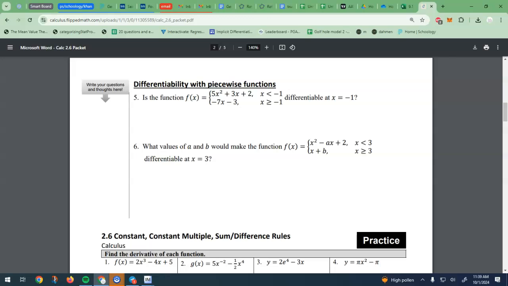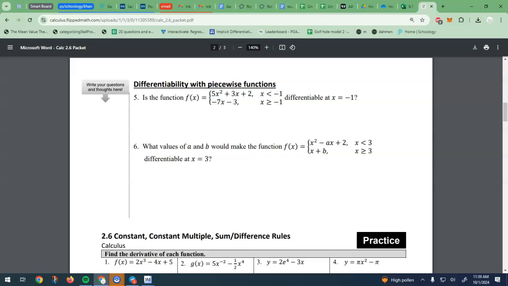No. So the slopes have to be the same also. So two things have to be the same: the y values and the derivatives must match.